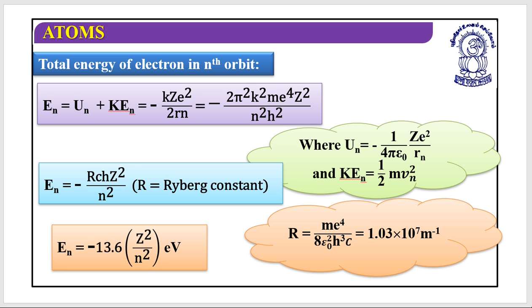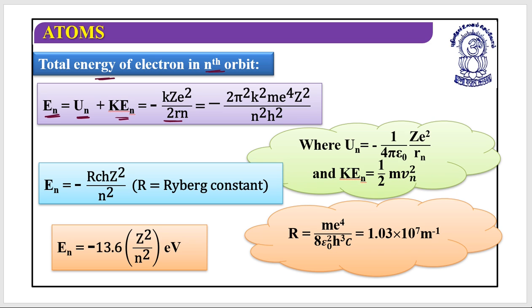Let's look at the last one, the total energy of the electron in the nth orbit. This total energy En is equal to potential energy plus kinetic energy, which equals minus k into z square divided by 2Rn.